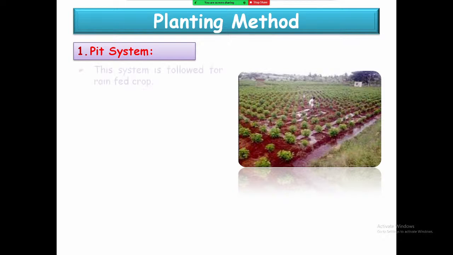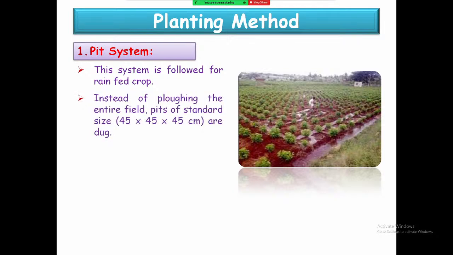In pit system, particularly this system is followed for rain-fed crops. Okay, where the irrigation facility is not available, particularly where we can grow the crops on rain-fed conditions, in that area this system is utilized, the pit system.